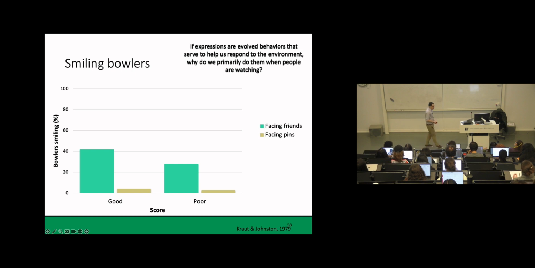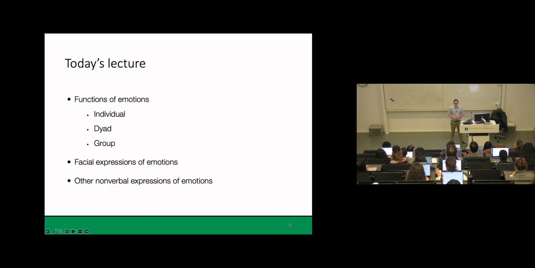They should happen all the time. So this is to say that in addition to these biological motivations, they also can be socially motivated. So we might be more likely to show certain expressions in certain contexts. Right, so they're not only context specific, but they also can be socially motivated.